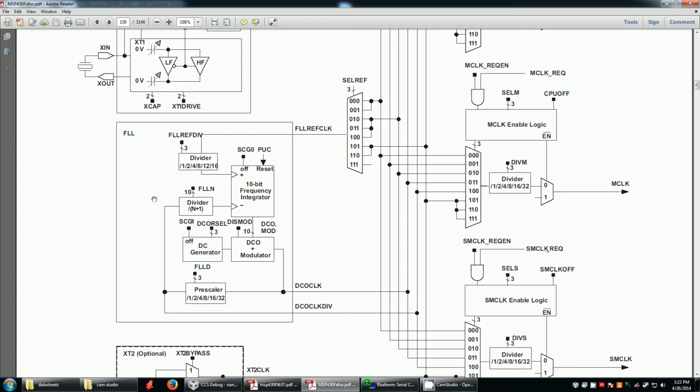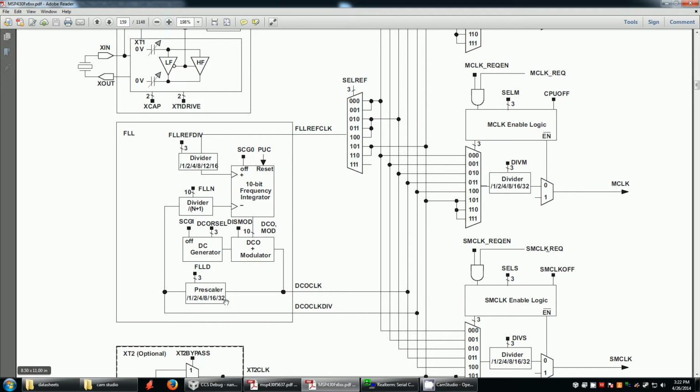So for example, if this was 32,768 and we wanted the output to be 800 times 32,768, then we go over here, we look, 800 is greater than 512, so we're going to overflow. We'll divide this by 2, we'll set this to 2. Now our DCO clock after the prescaler is only 400 times faster than our reference clock, and then we can load 400 in here.